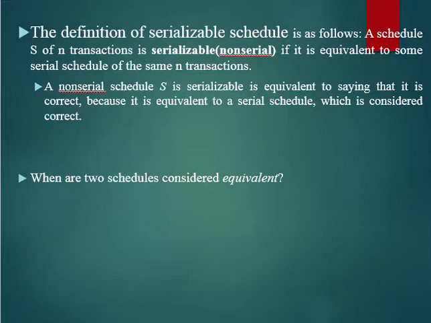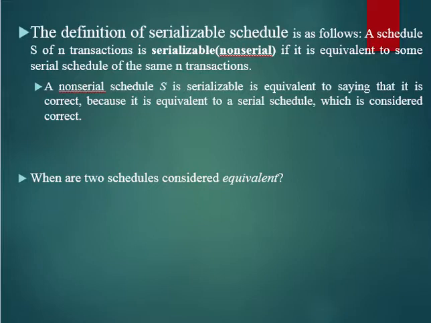I think you understood the thing. Saying a non-serial schedule S is serializable is equivalent to saying that it is correct, because it is equivalent to a serial schedule, which is considered correct. We already saw that all the serial schedules are said to be correct, since one is followed by another.